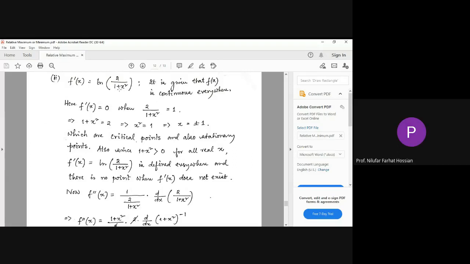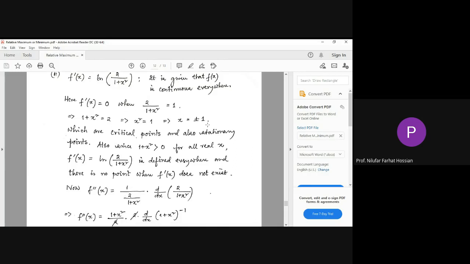No. Because the upper part is positive, it is a constant 2, and in the lower part there is x square. So for any real value of x, x square is non-negative, and ultimately 1 plus x square is positive. So there is no possibility for the argument to be negative. So we have no point where the derivative of the function becomes undefined. So we have only 2 critical points, plus minus 1, which are also stationary points.